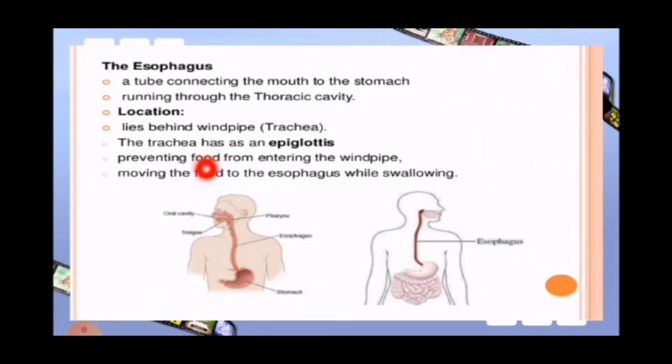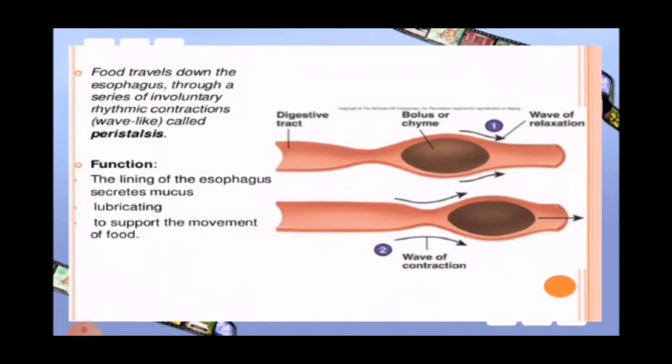So it is very important to close the trachea, the windpipe, when the food is moving down to the esophagus. That is why the epiglottis is just like a cover of that tube. When the food enters the mouth, is crushed, and then pushed back to the esophagus, the epiglottis closes the windpipe.